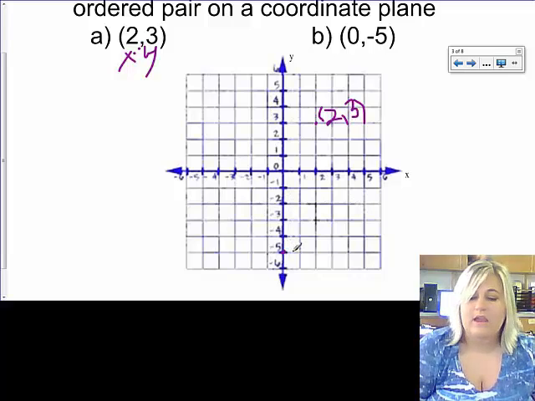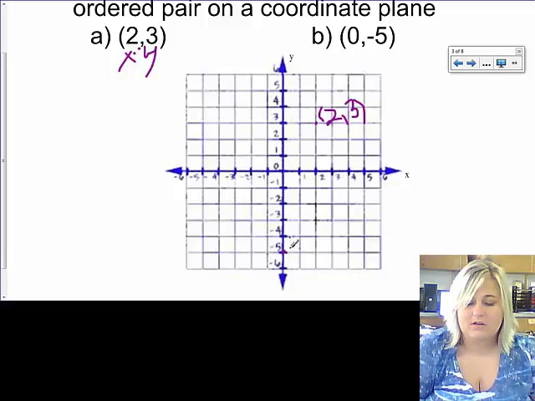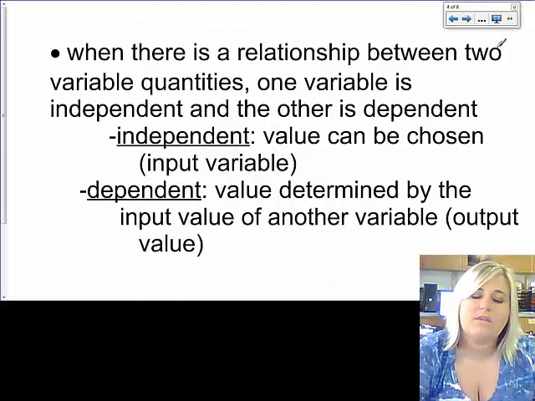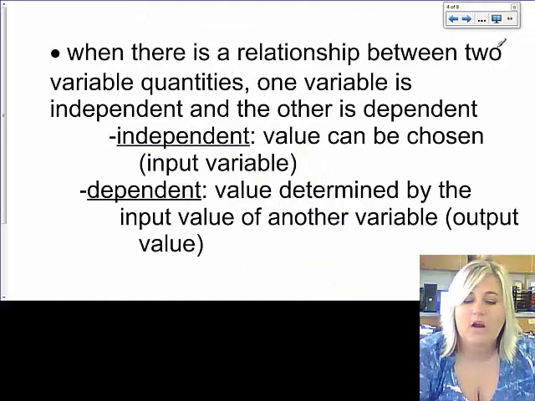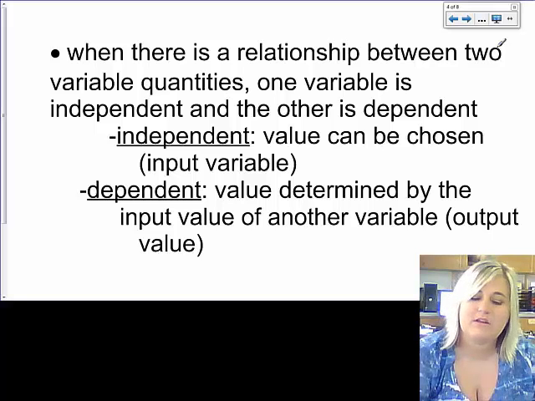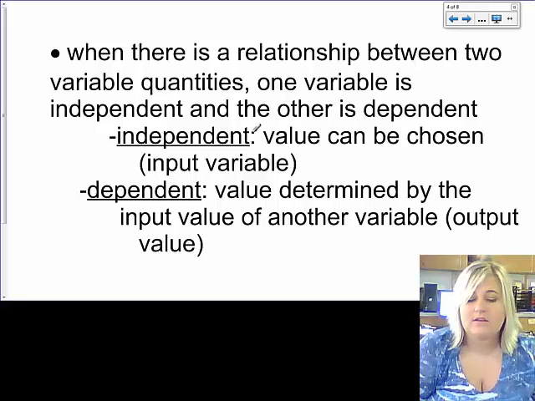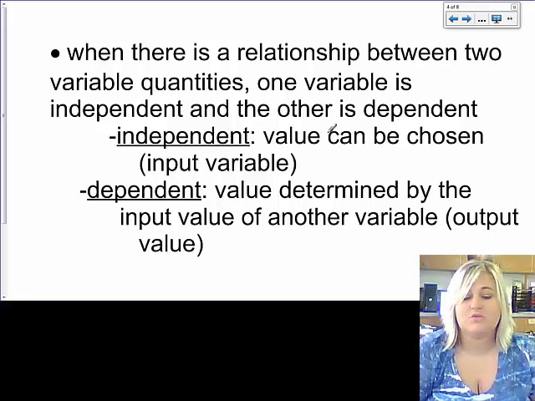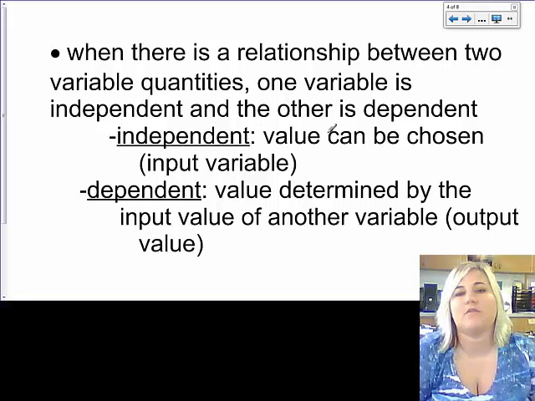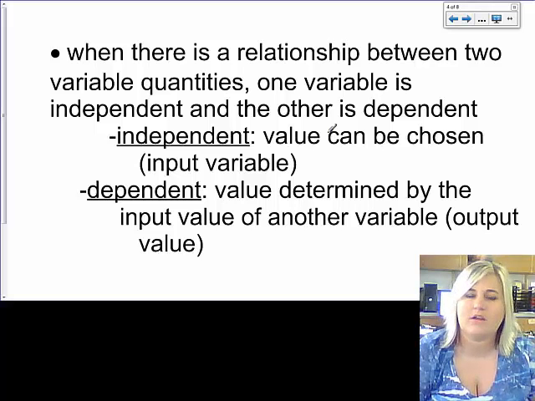Okay, and we will label this point as they tell us to, which is (0, -5). When there is a relationship between two variable quantities, one variable is independent and the other variable is dependent. The independent value can be chosen, that is the input, and we've already talked about input and output a little bit, I think.